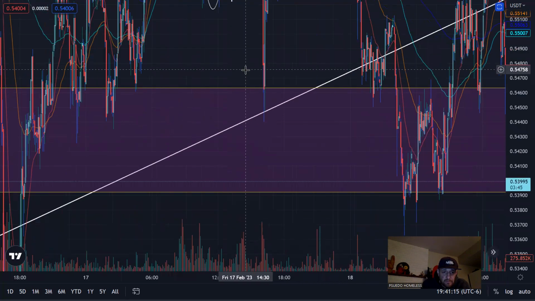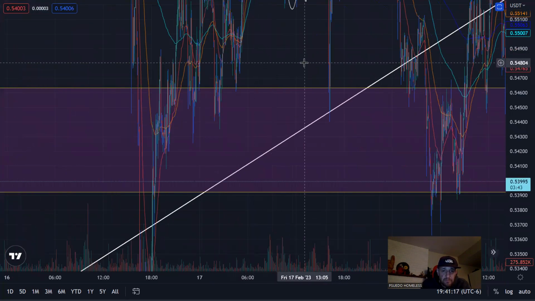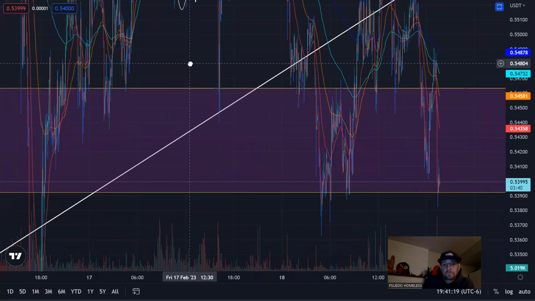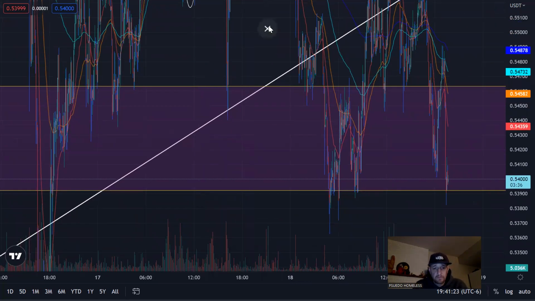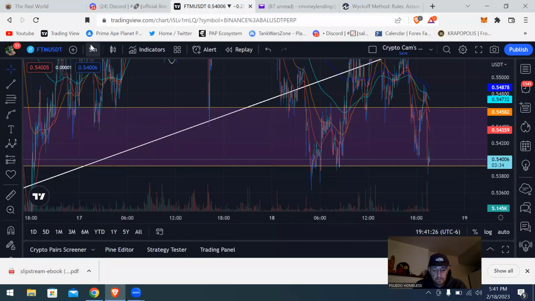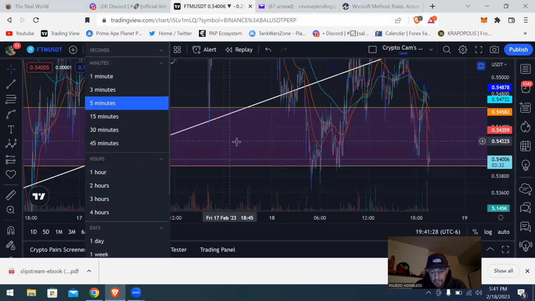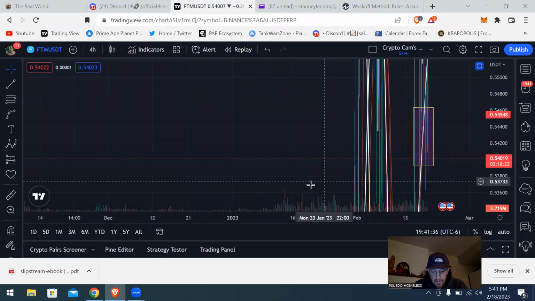So the EMAs though, they're definitely beneficial because they'll help you figure out if you should be getting in or if you should be getting out of the market, right? And then the next thing that I do whenever I'm trying to see if a pattern is bullish or bearish is go to the 4-hour.